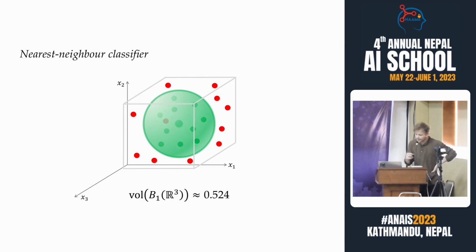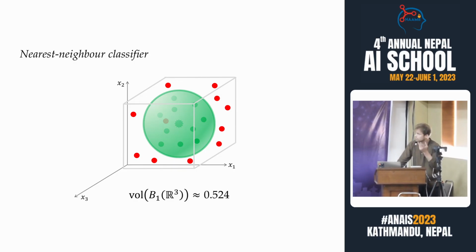We can also assume that our data lies in the unit cube, which has volume 1, as you may know. And now you can see that the volume of this ball that I drew, which is basically the fraction of points that are going to be classified correctly, is 0.78, right?